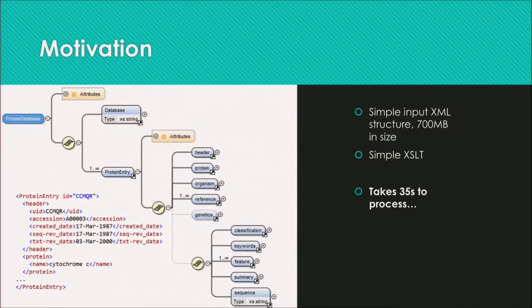So it just looks for specific elements and puts them in the output. So nothing complex. Yet it takes 35 seconds, and there can be larger documents than 700 megabytes, and there can be more complex style sheets. So this is like a new bottleneck for the user.